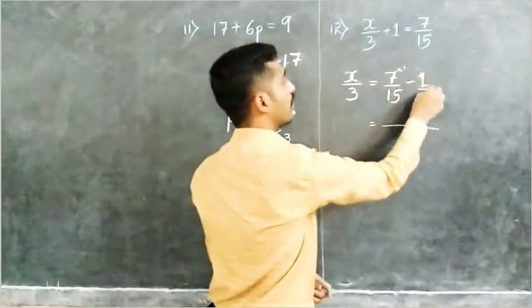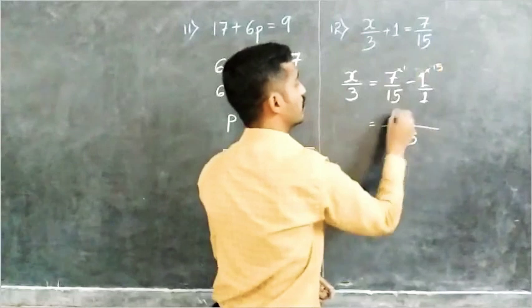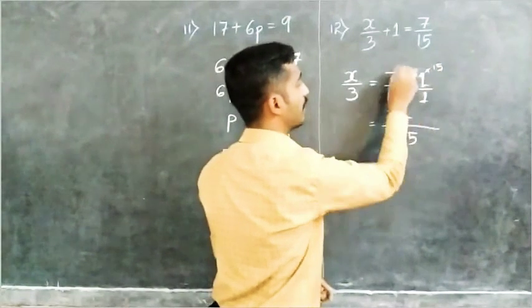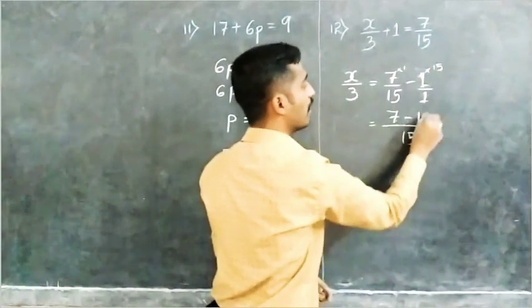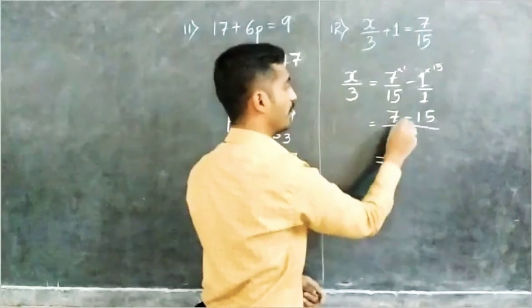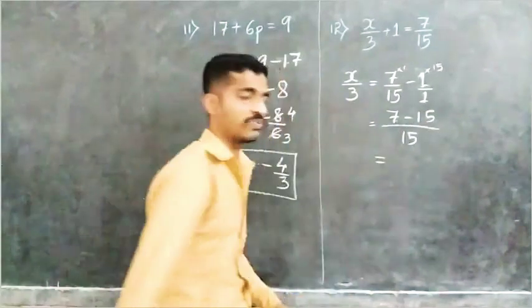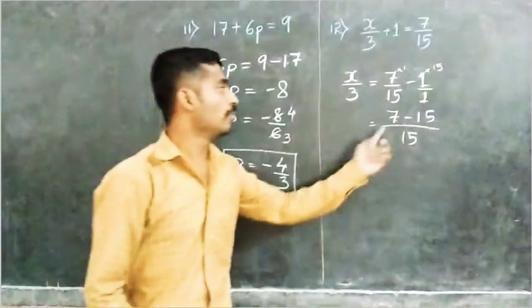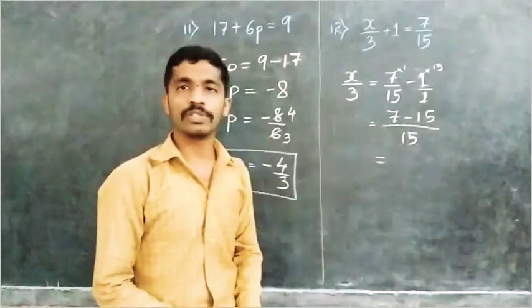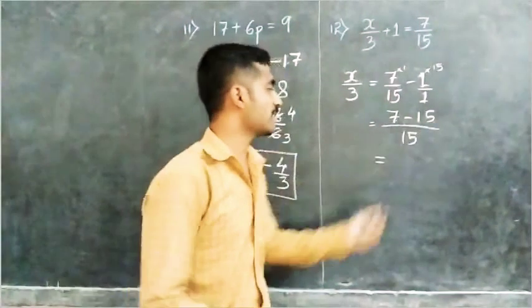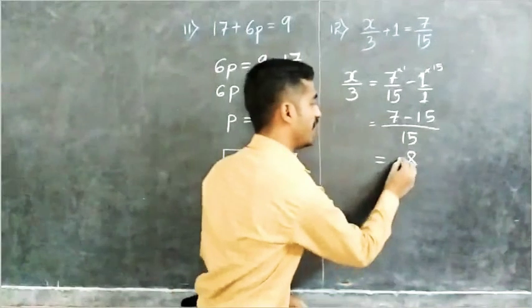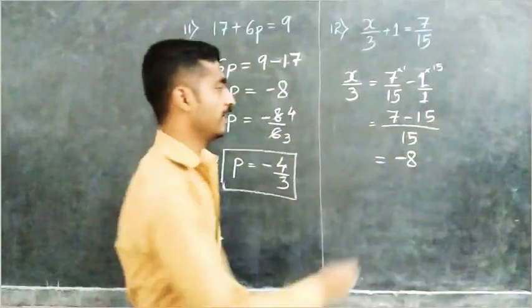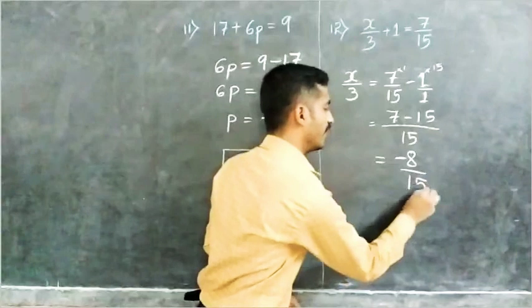So 7 ones are 7, 1 15s are 15. So here we will get 7 minus 15. Is it possible? No. Both are opposite signs. So better way, 15 minus 7, that is 8. Which 8? That is minus 8 divided by 15.